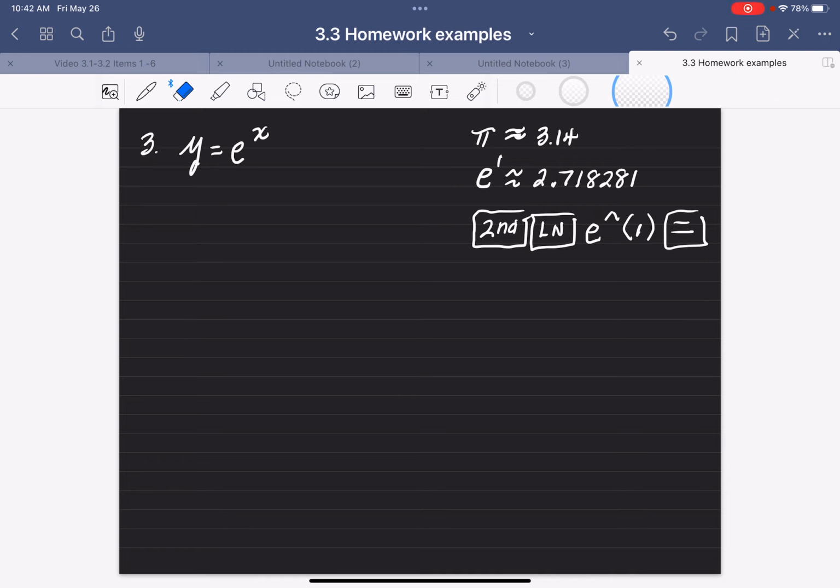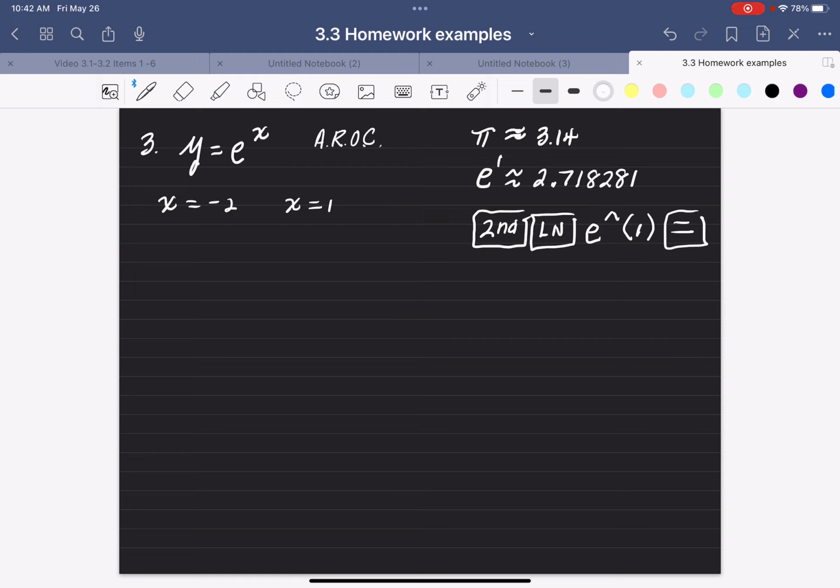So they gave us x is -2 and x is 1, and we're supposed to find the rate of change between those 2 points. And again, this is the average rate of change, okay? Not just the instantaneous, or what we call just the rate of change, the average rate of change.